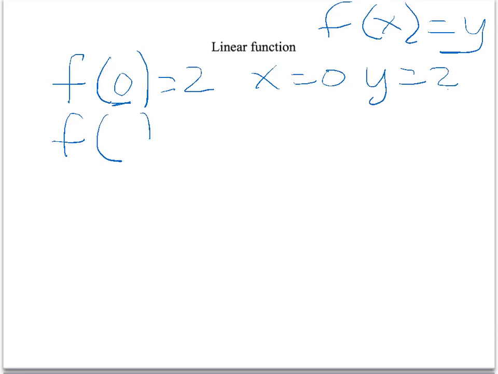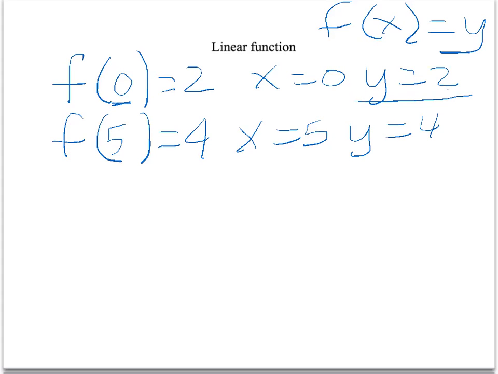My second point I'm given is when x equals 5, f of x equals 4. So pretty much I can write x equals 5, y equals 4. So I know my y-intercept is 2, and I just have to figure out my slope.